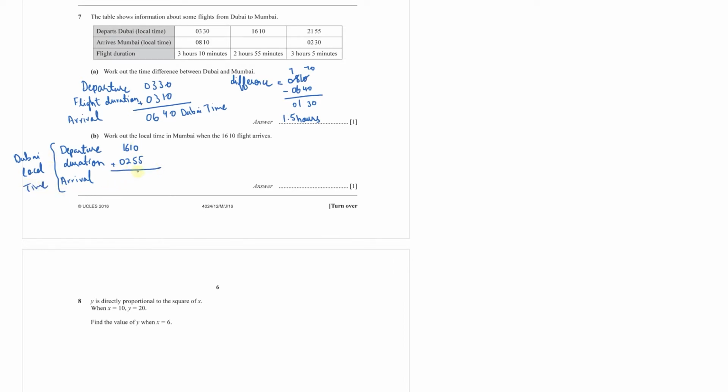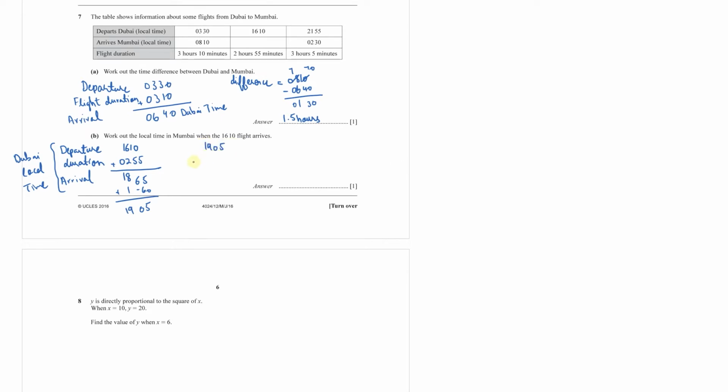If you add here, you get 5, 6, 18, 65. Since this is greater than 60, you add 1 here and subtract 60 here, you get 19:05. So the arrival according to Dubai's time is 19:05.